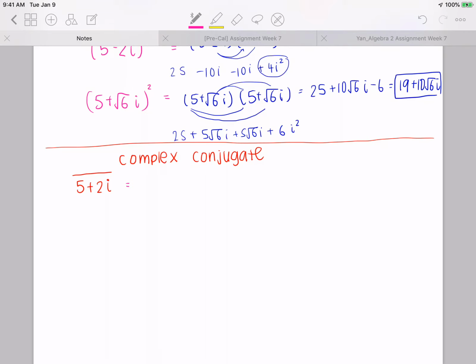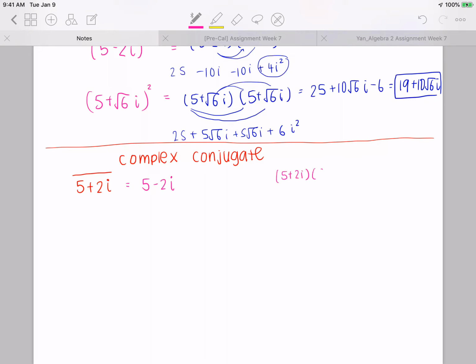The first term stays the same, but the second term we do the opposite of that. So the conjugate of 5 plus 2i would be 5 minus 2i, because whenever you multiply these two conjugates together, the i goes away. I'll show it to you right here.